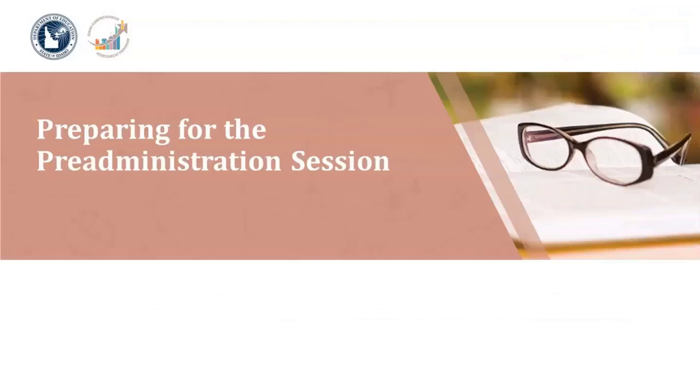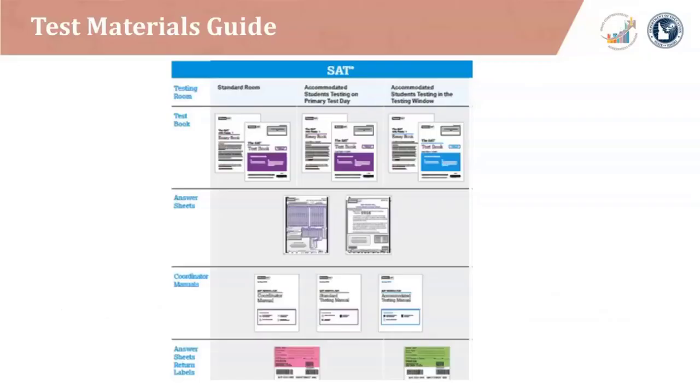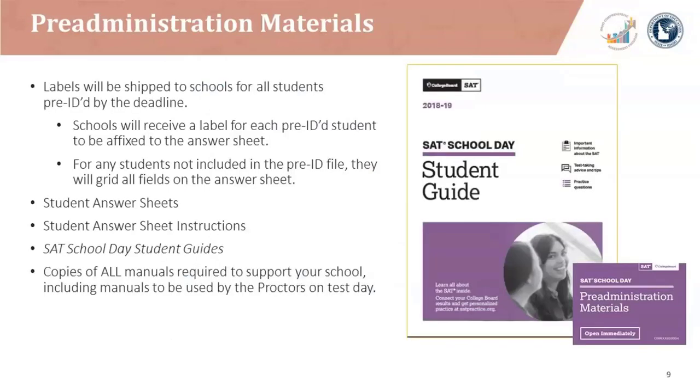Preparing for the pre-administration session. On the screen, you'll see pictures of the multiple materials used for test administration. Pre-administration material includes pre-ID labels, student answer sheets, student answer sheet instructions, and SAT student guides.